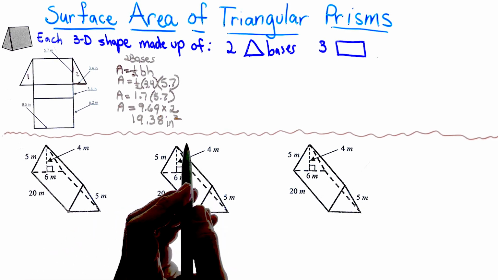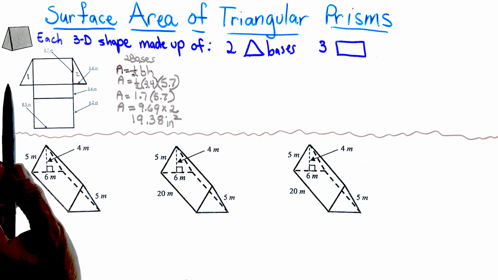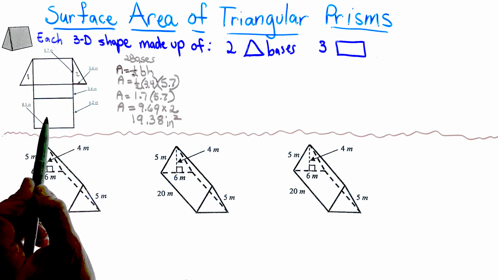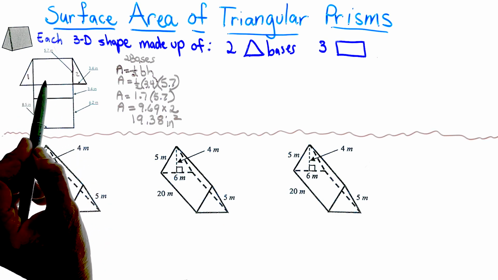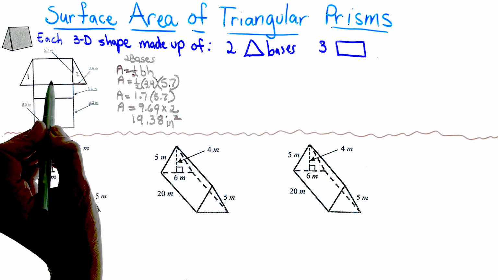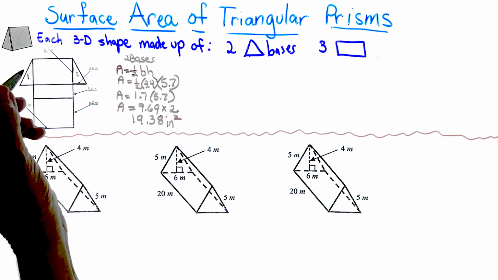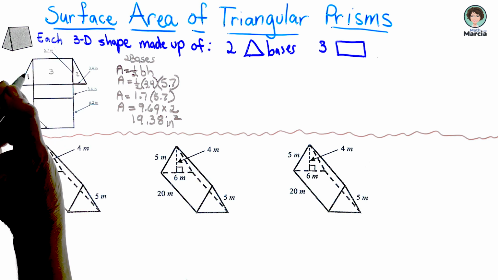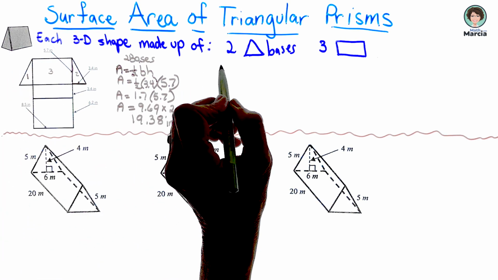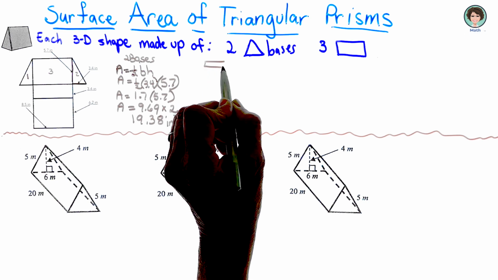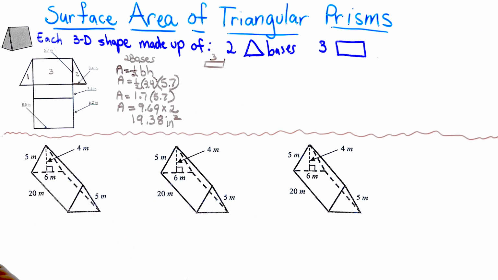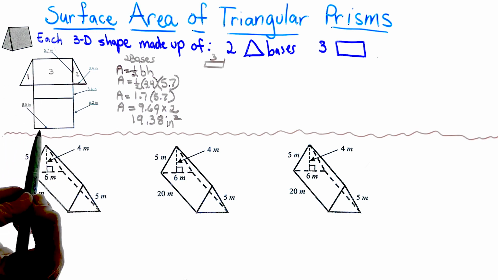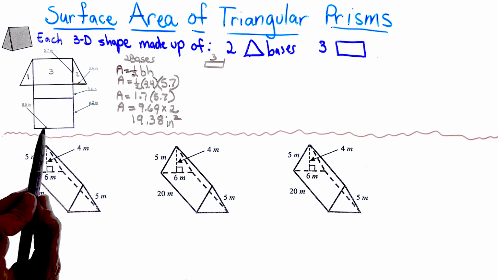So now I'm going to have to find the area of each one of my rectangles. Let's start with the top rectangle. I'm just going to number it number 3 so you can see it in the picture. For rectangle number 3, I have to look at my whole picture.